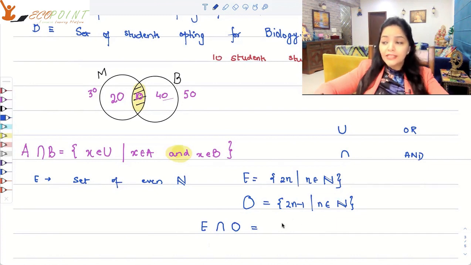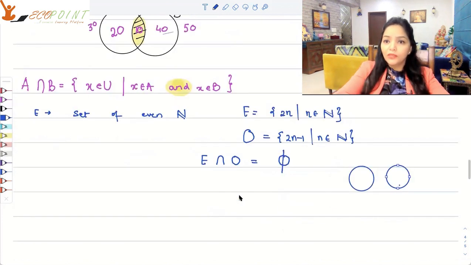Absolutely not. There's nothing in common. Hence, I will get the set of no entries, that is the null set. So intersection of even and odd is the null set, which means this will be the situation where the two sets are like this and you do not have any common part between the two.